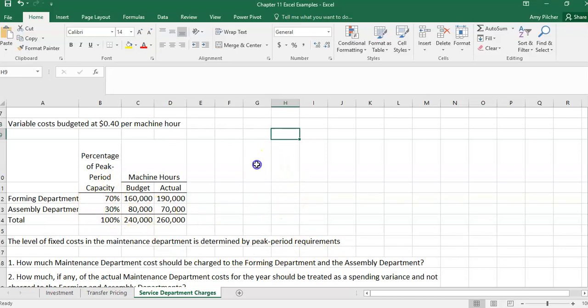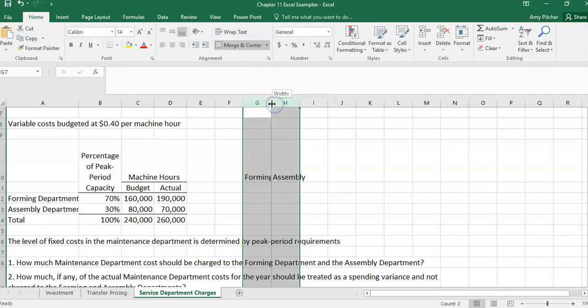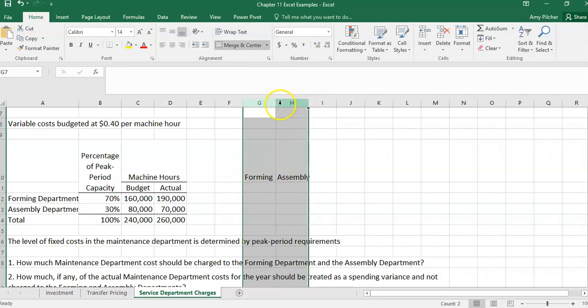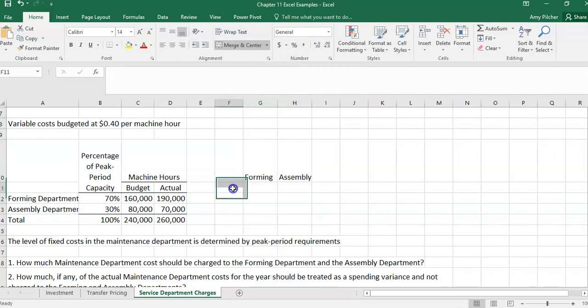So we want to allocate costs to the forming department and the assembly department. And we're going to allocate variable cost and fixed cost. So our variable costs are 40 cents per machine hour.